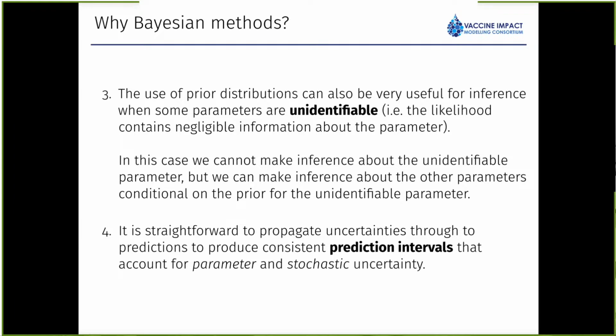Because you've got a distribution, you can take a random sample from that posterior distribution and then use that to do a simulation, and then take another random sample from your posterior distribution, plug that into your model, do a simulation. And so what you end up with at the end is prediction intervals that incorporate both the uncertainty in your stochastic model, but also the uncertainty in your parameters. And it's very easy to do this for much, much more complicated models.